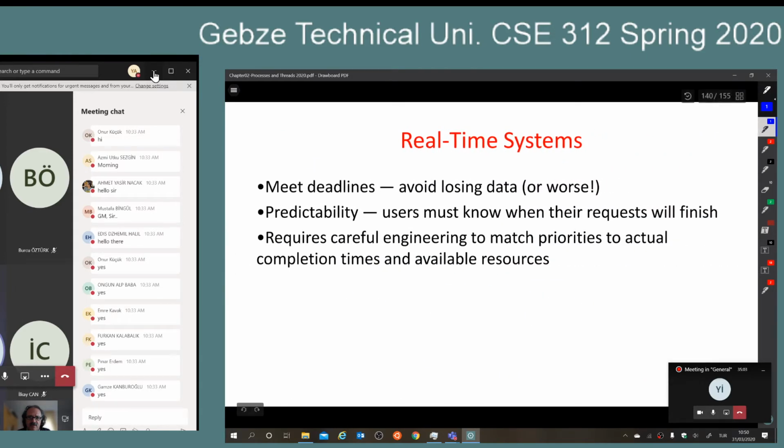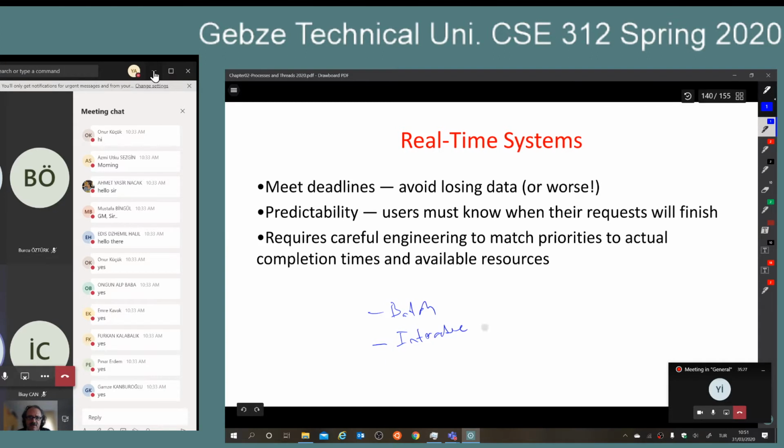So the last part is, let's talk about these real-time systems. So far we have looked at the batch systems, okay, and we looked at the interactive systems. Now we are going to look at the real-time systems. For the batch systems, CPU utilization, throughput, turnaround time, these were the things.